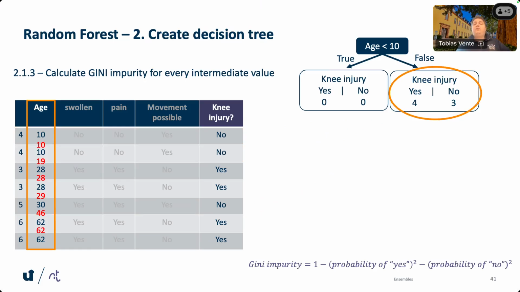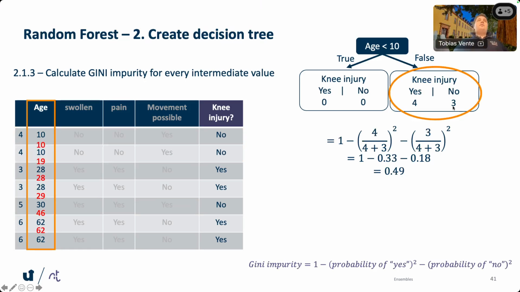And then we have to calculate first the GINI impurity for both leaf nodes, and the formula is down here. So the GINI impurity is 1 minus the probability of yes, so the probability of this case, squared, minus the probability of this case squared.